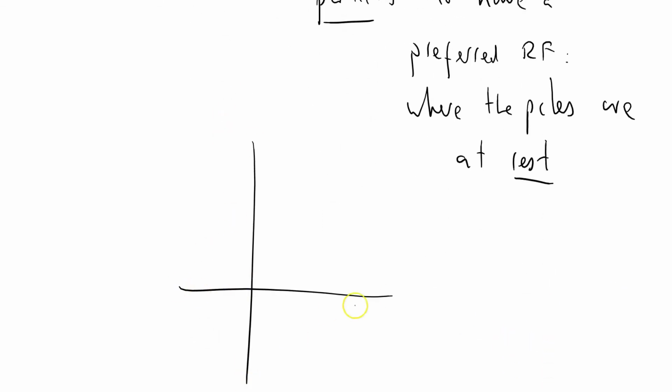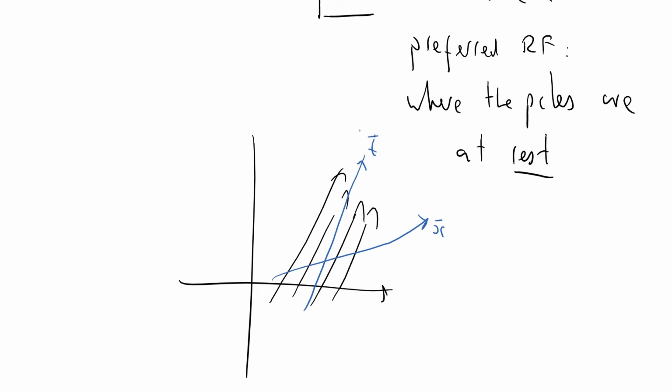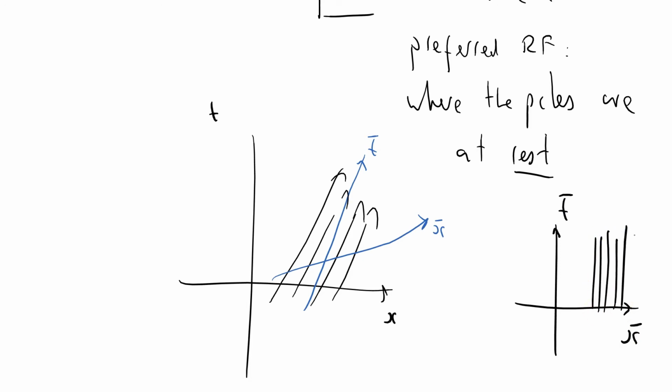So if I've got my coordinate system here and there's a whole bunch of particles moving over there like that, I'm going to consider a coordinate system which looks like that, x bar and t bar, as opposed to my original one, x and t. And in the barred coordinate system, x bar, t bar, the particles are at rest.